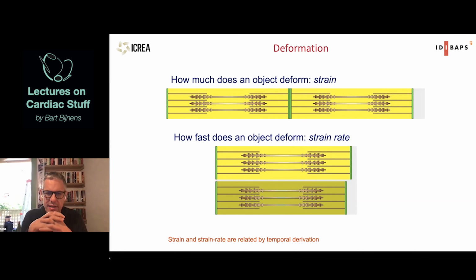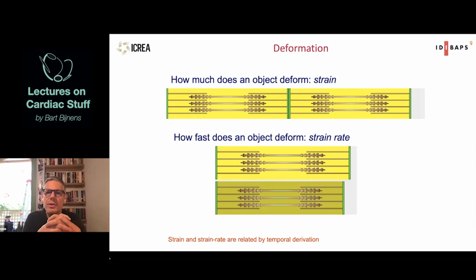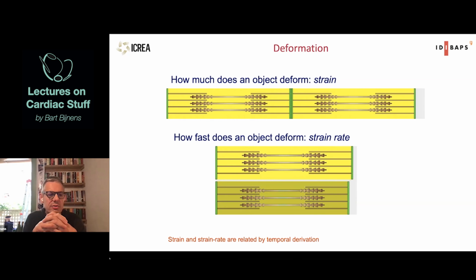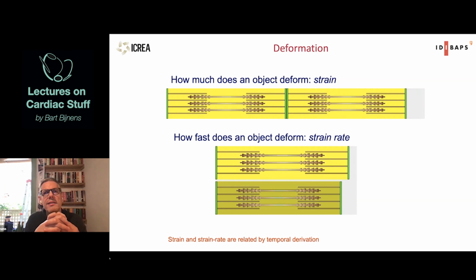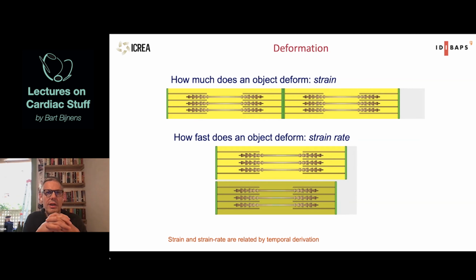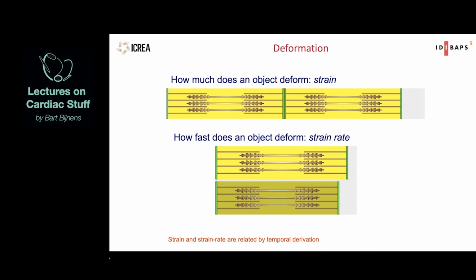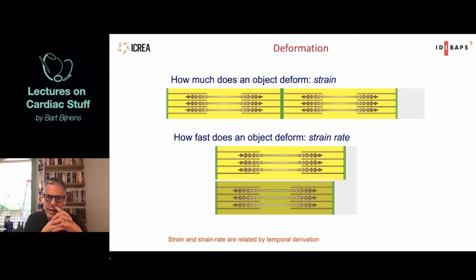When we're going to look at cardiac deformation, we want to express this as a value, and for that we measure strain. Strain is defined as the change in the dimensions of an object with regards to an initial state.